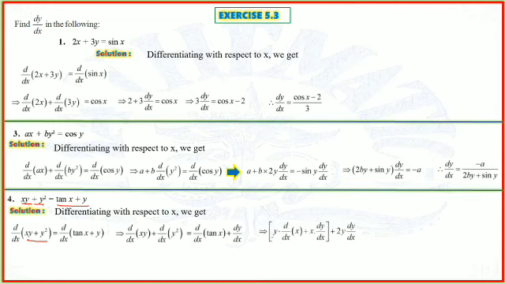This product rule we have used: y into differentiation of x plus x into differentiation of y. So that is the differentiation of d over dx xy. Then d over dx y square will be 2y dy upon dx. That is the differentiation of the left hand side.